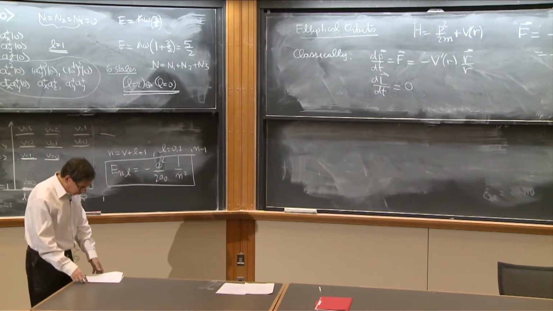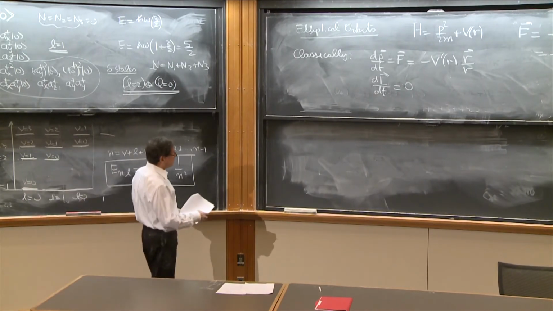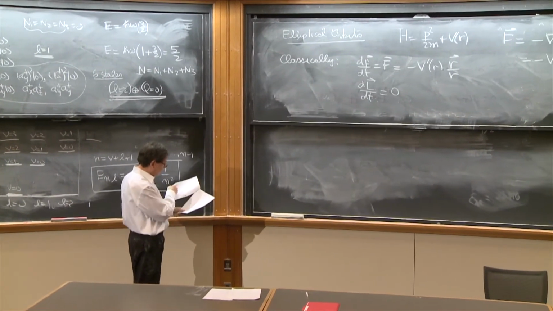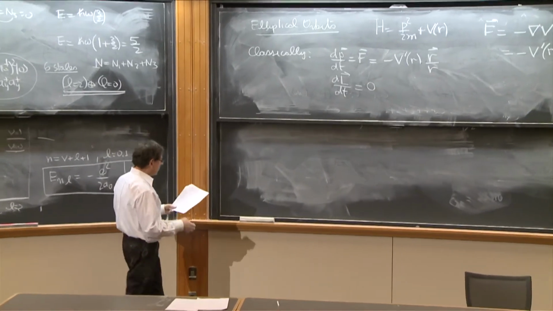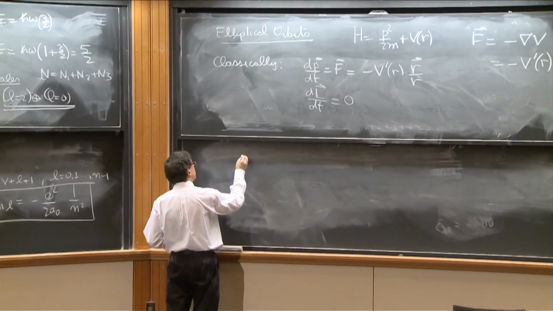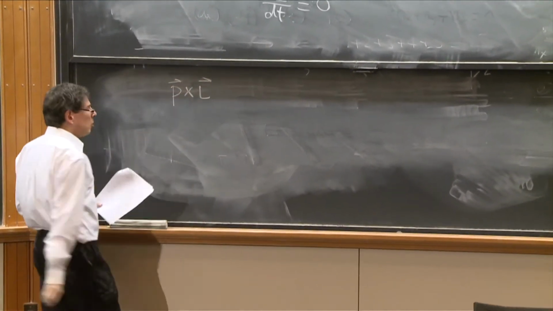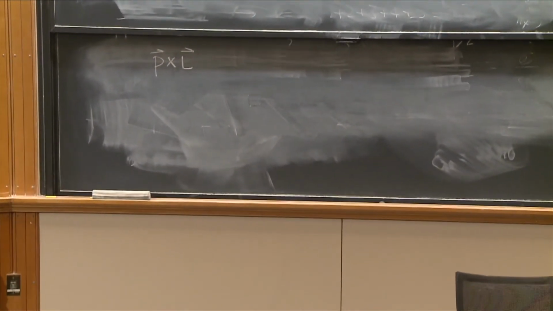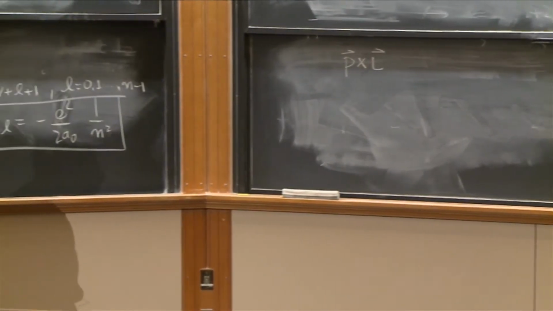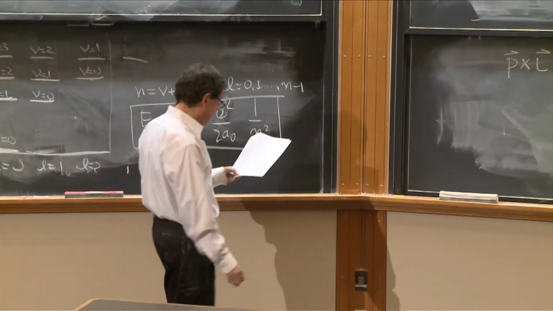I will write it down and show you how it happens. Well, you have to begin with P cross L. Why you would think of P cross L is a little bit of a mystery, but it's an interesting thing.